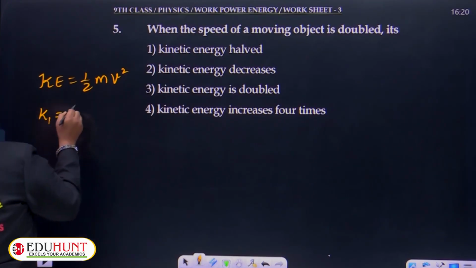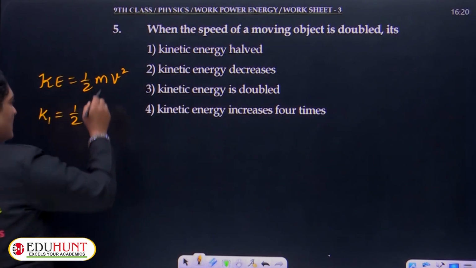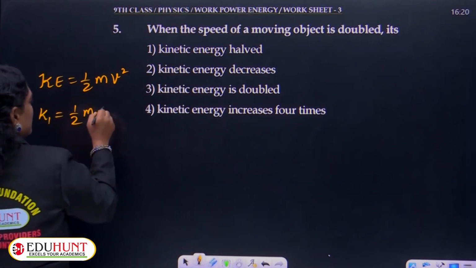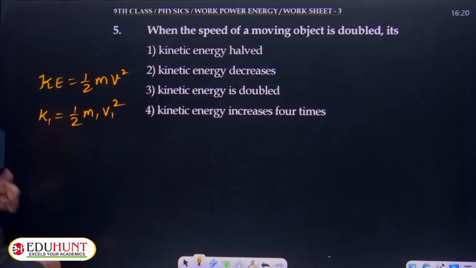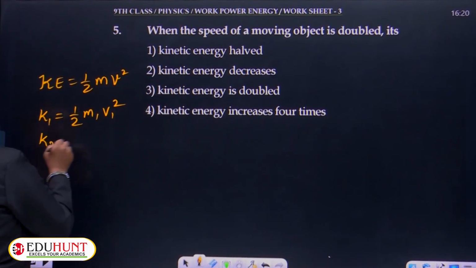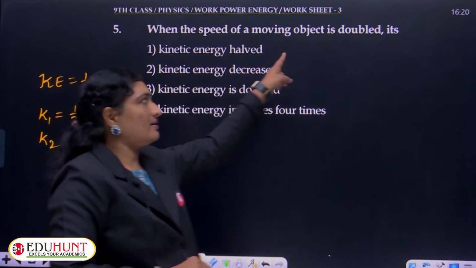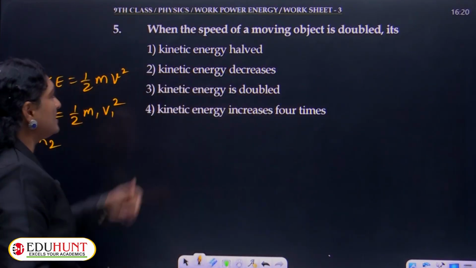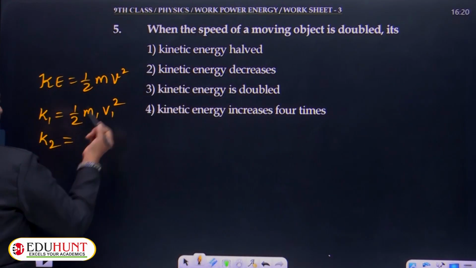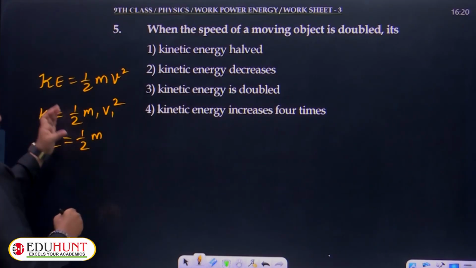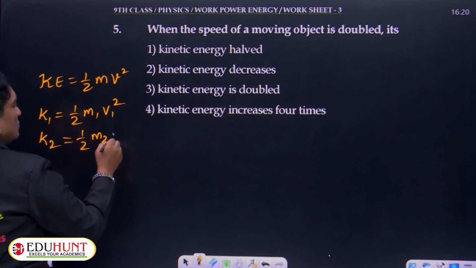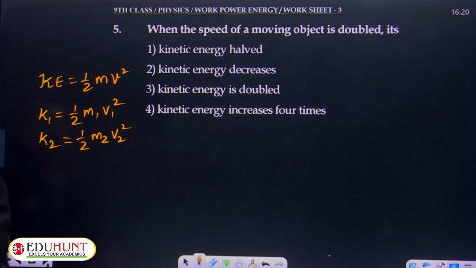The half is always constant. Initial mass is m1 and initial velocity is v1, so v1 square. Similarly, case 2, because we need to find out what happens to its kinetic energy in the second case when the velocity changes. Case 2, K2, so half is constant, mass is m2 and velocity is v2.